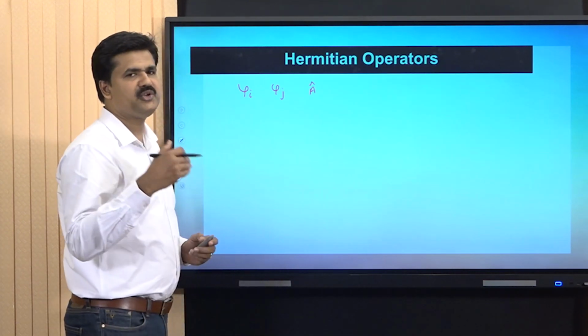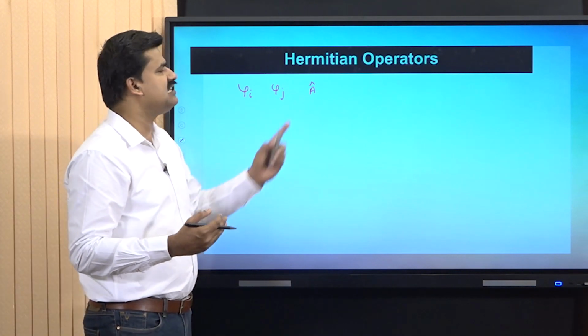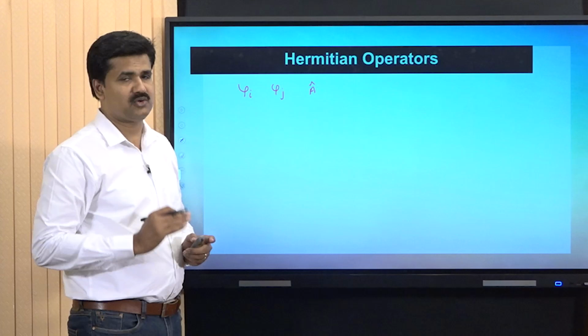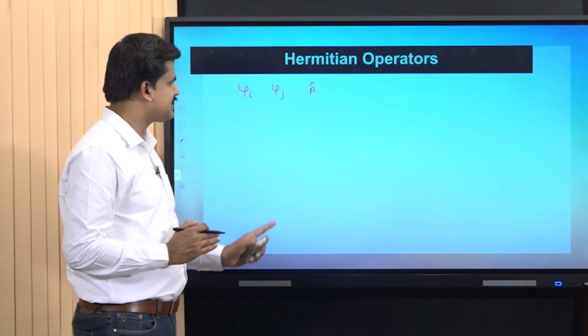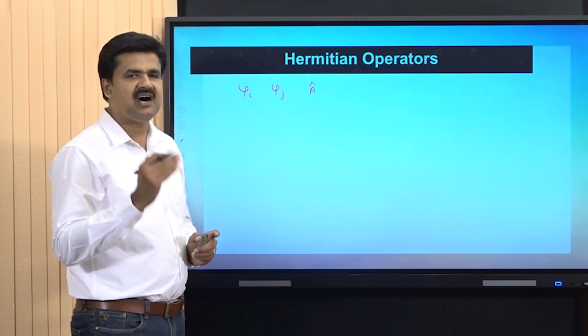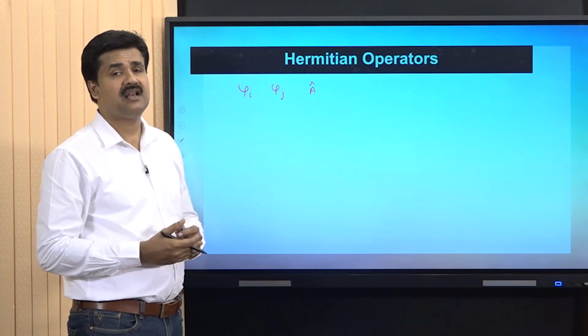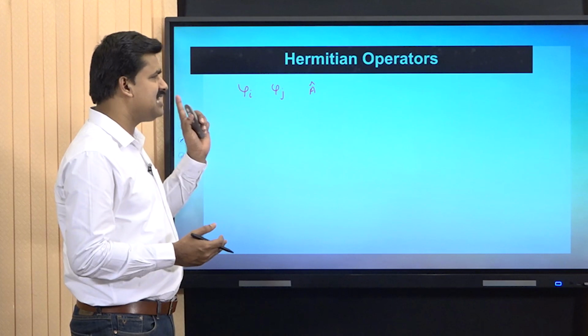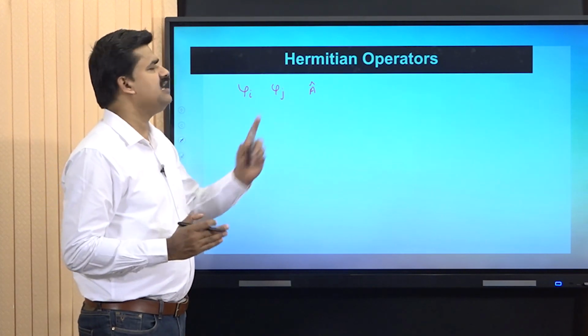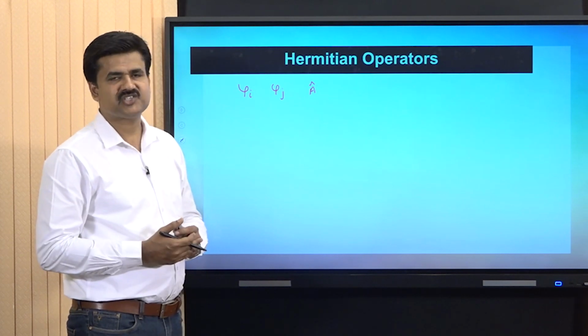Now we are going to assess whether A hat is a Hermitian operator or not. In order to assess the Hermitian property of A hat, I have to use a mathematical expression. If that mathematical expression is satisfied, then A hat is said to be a Hermitian operator.